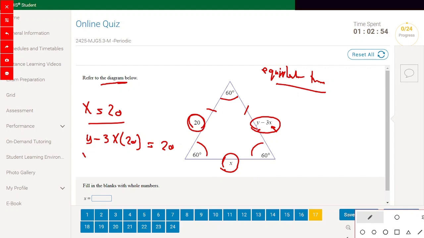So it will be y minus 60 equals 20, so y will be equal to 80. After we move minus 60 over, it will be plus 60. So the answer will be x is 20 and y is 80. Okay?